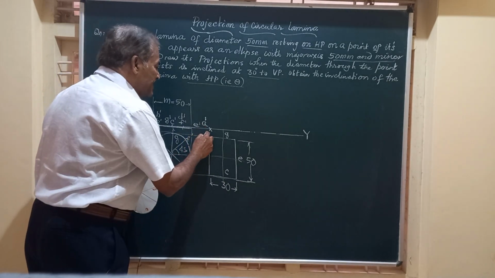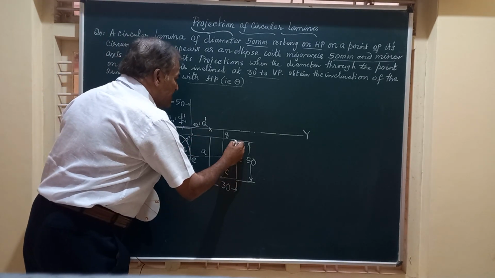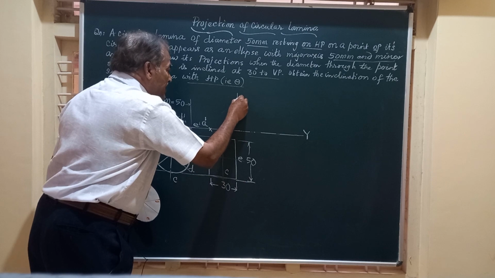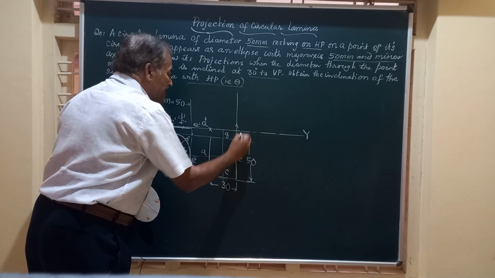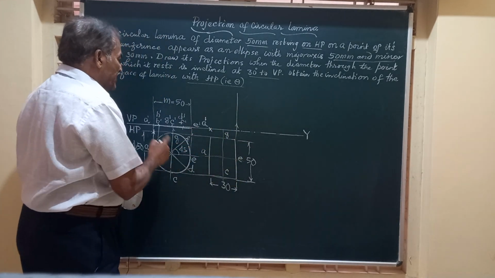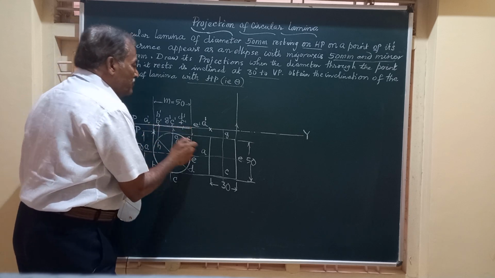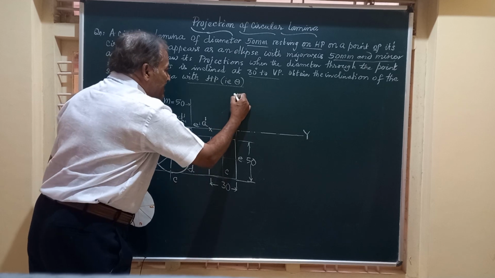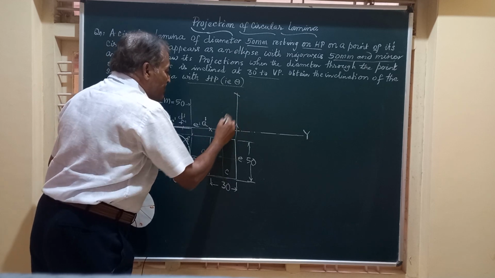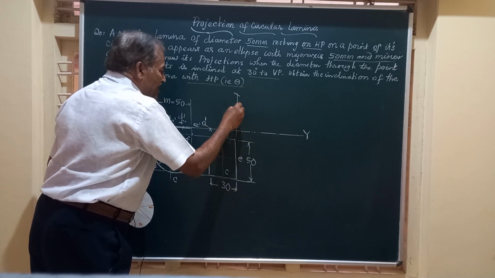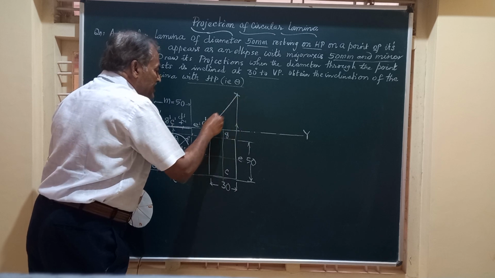Friends, I have marked this and E should fall on this. So I will draw a vertical line through E. Friends, we have A dash E dash, which is equal to 50 mm. I take A dash as the center and radius equal to 50 millimeter, strike an arc and get that point.